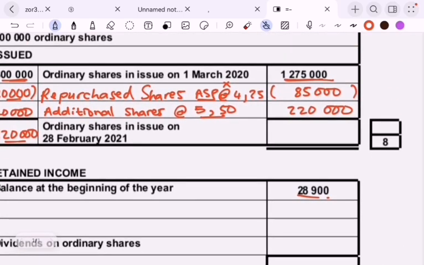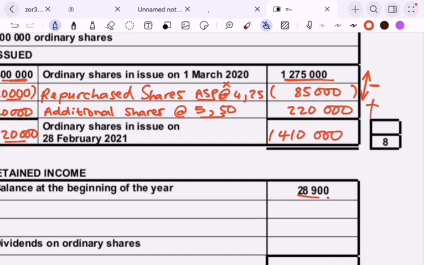And then with your amount, you still want to do the same thing. You add, you minus, then you add. So it will be 1,275,000 minus your 85,000 plus your 220,000. Then you immediately get your 1,410,000.